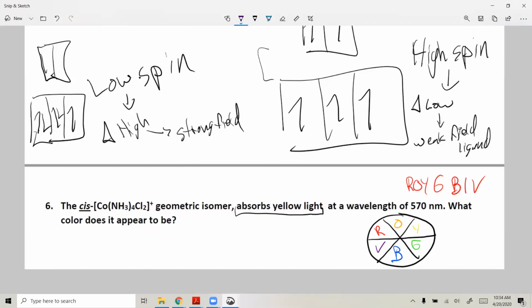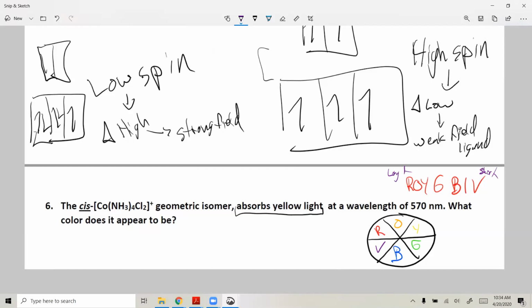So Roy G. Biv kind of gives you the energies of the different colors. It also gives you the colors of the rainbow in order. So this is our long wavelength. This is our short one. If you ever need one because it has a specific cutoff value, then I'll be providing the chart.